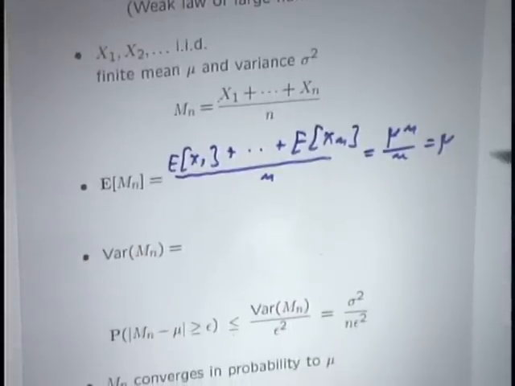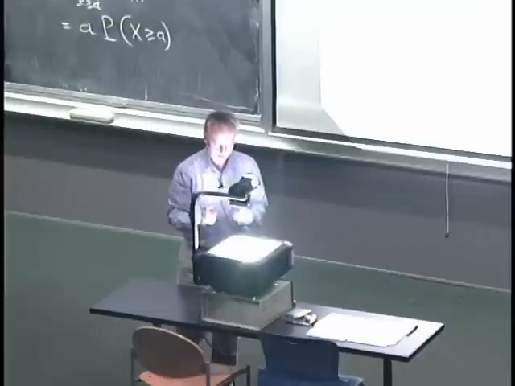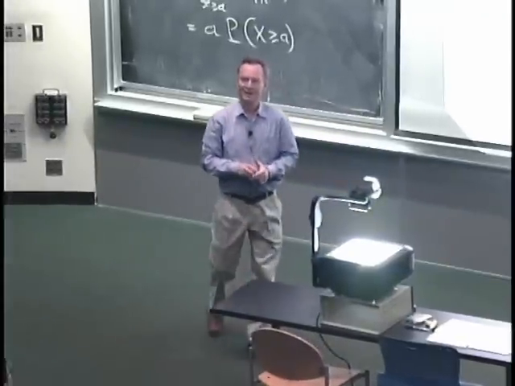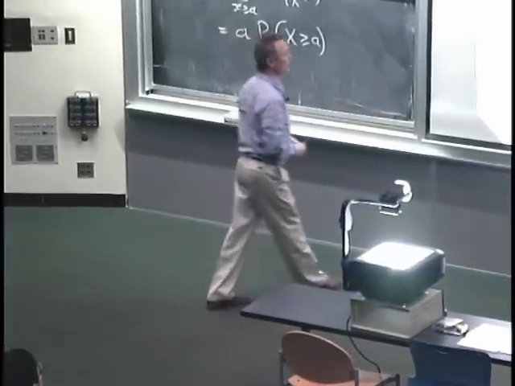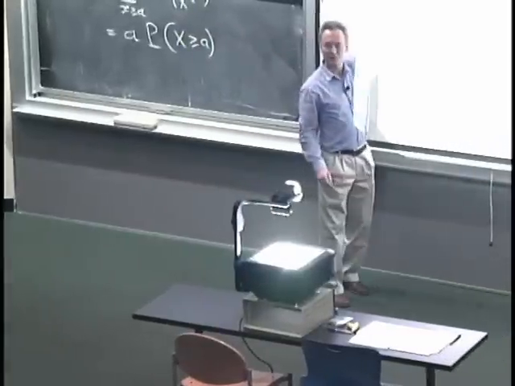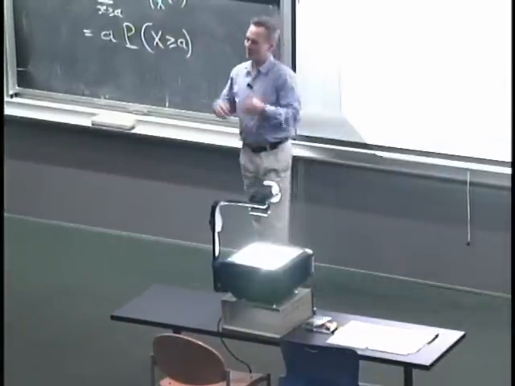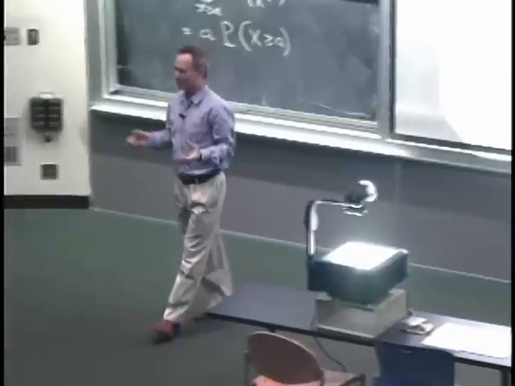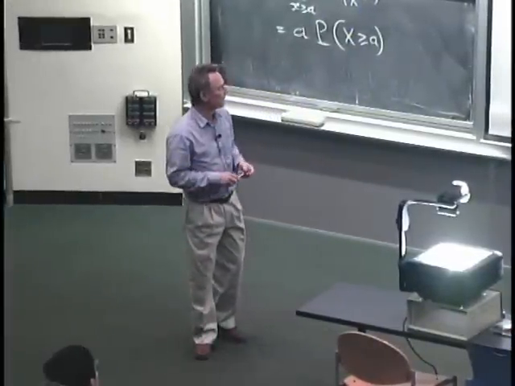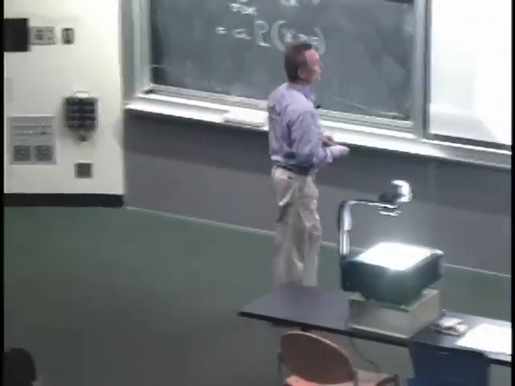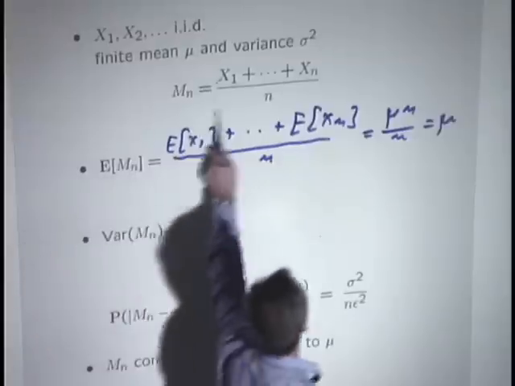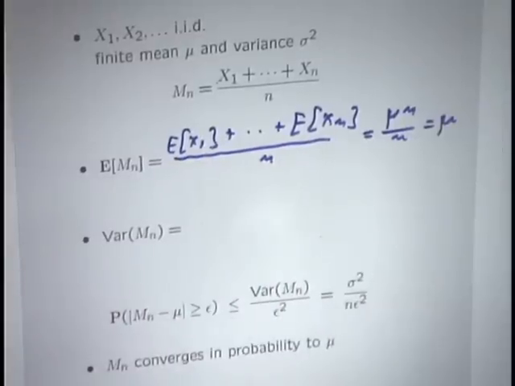Now here, there's a fine conceptual point. There are two kinds of averages involved when you write down this expression. We understand that expectations are some kind of average. The sample mean is also an average over the values that we have observed. But they're two different kinds of averages.